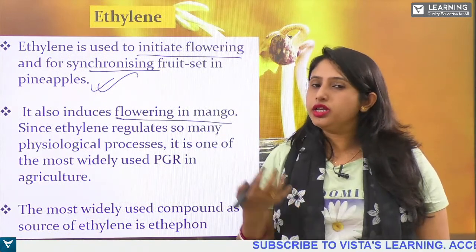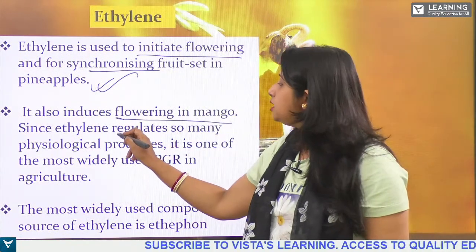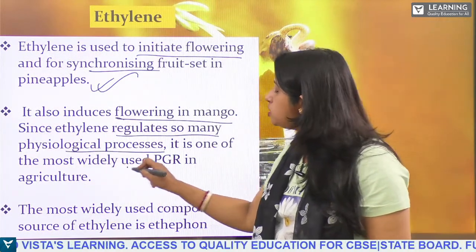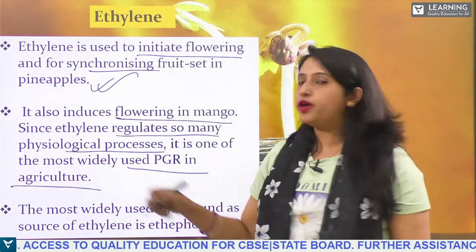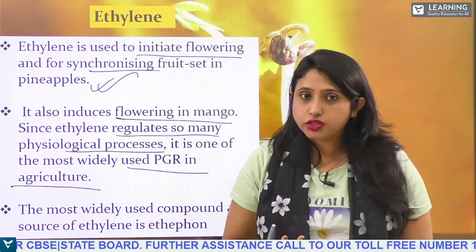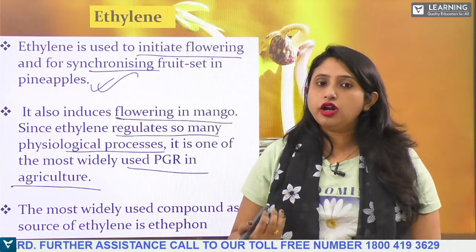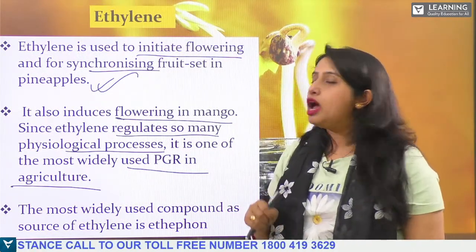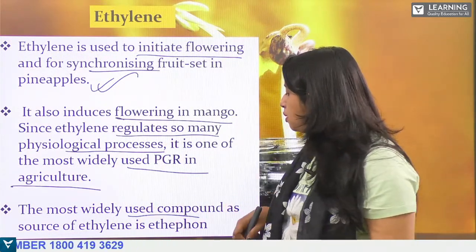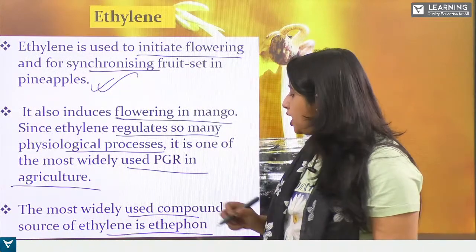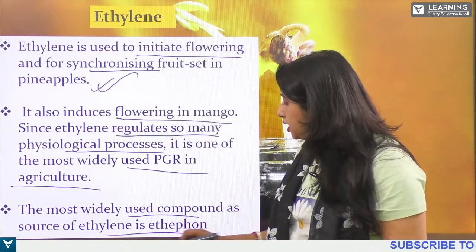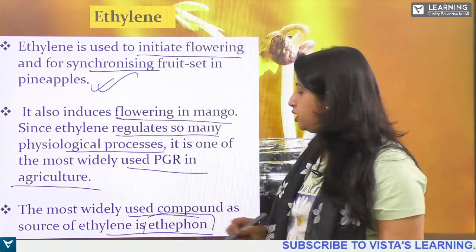And yes, it regulates so many physiological processes, and it is one of the most widely used plant growth regulators in agriculture. Because ethylene has so many functions, it is widely used in agricultural fields, and the most widely used source of ethylene is ethephon.